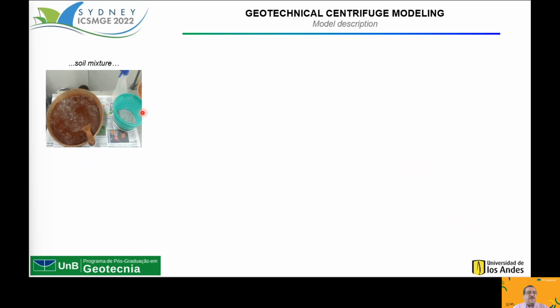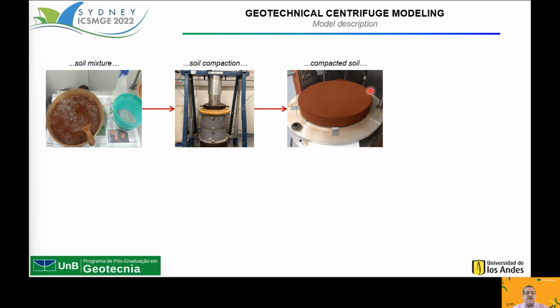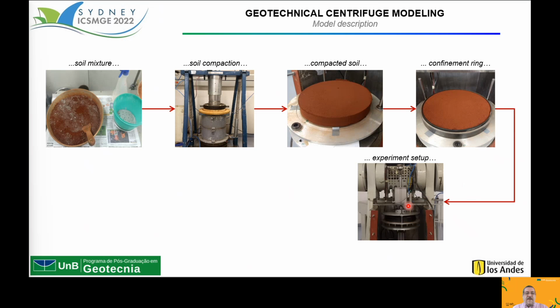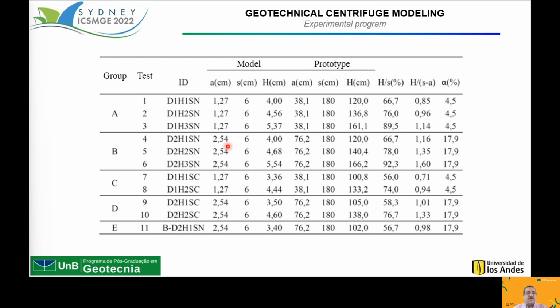Here is the preparation of the soil. Here is the soil mixture with cement, and the soil compaction with static load. Here is the model, the compacted soil. Then we put a confinement ring. Then we did the experimental setup, the modeling, and in the end we did a soil inspection.